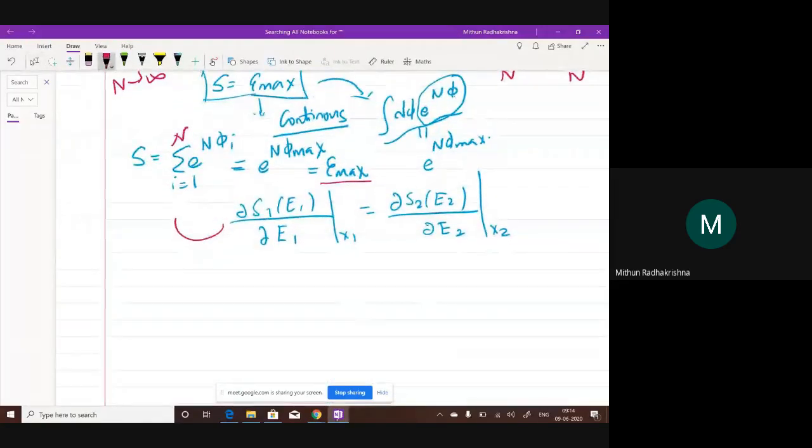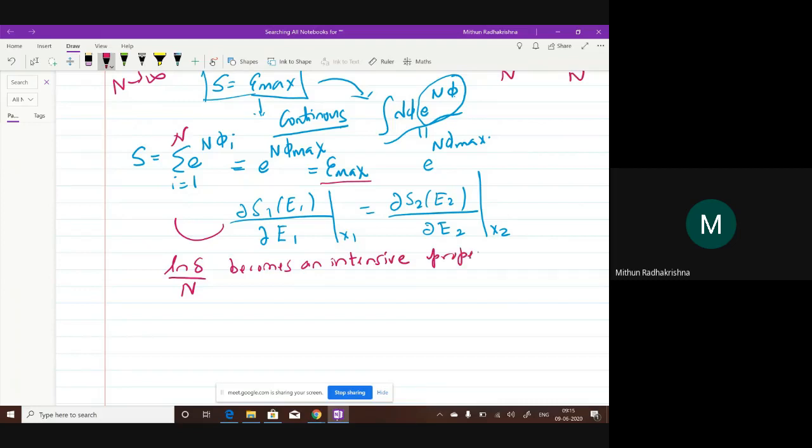Also always remember that ln S by n becomes an intensive property only when S is of the form e to the power n phi, right?